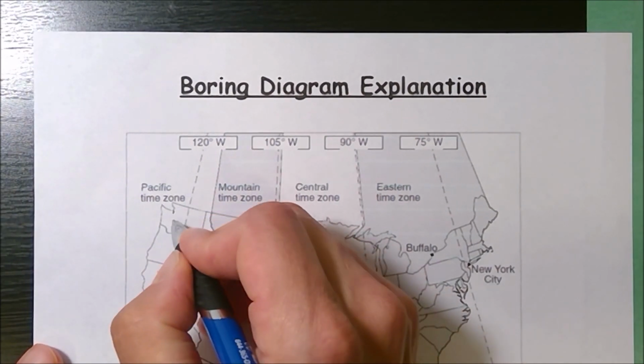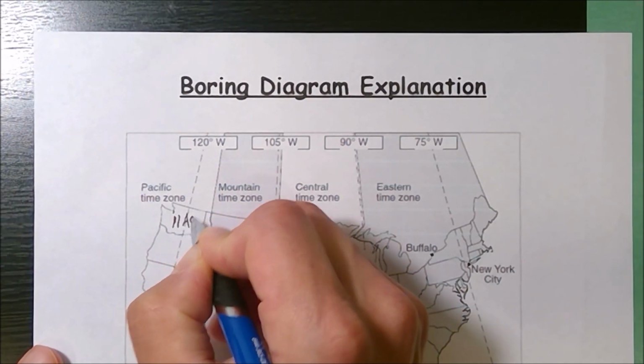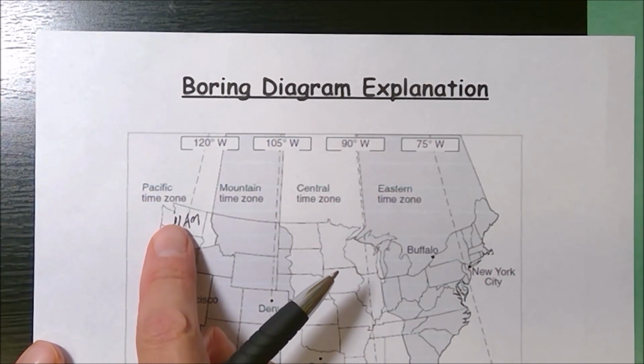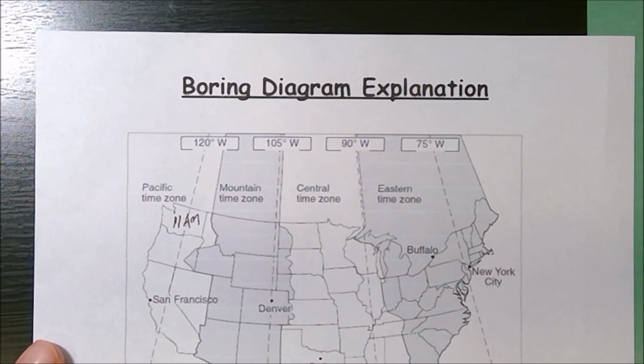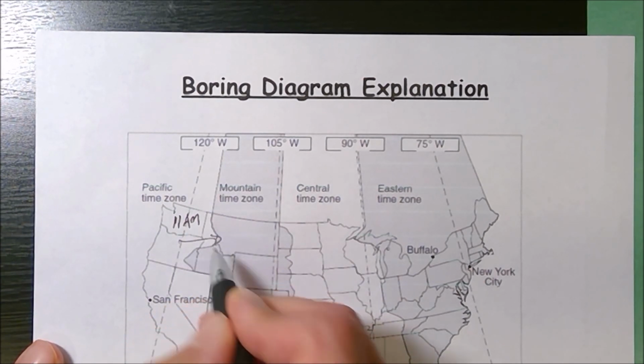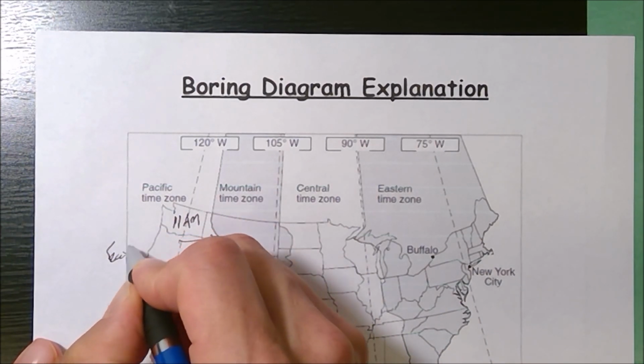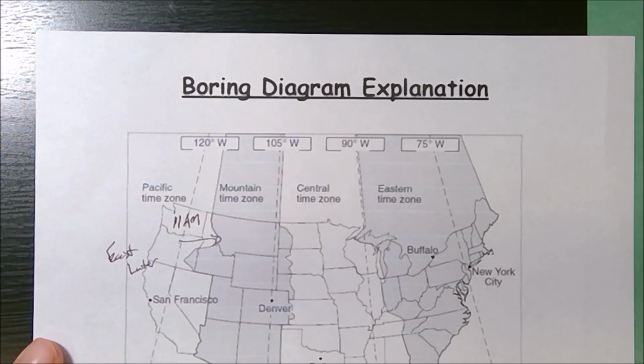Okay, over here, I'm going to say 11 a.m. San Francisco is in the Pacific time zone, but every point up here in Washington State, it would be 11 a.m. Now, I'm going to be traveling to the east. So east, time is going to become later.